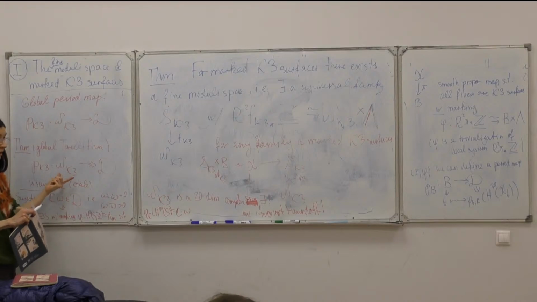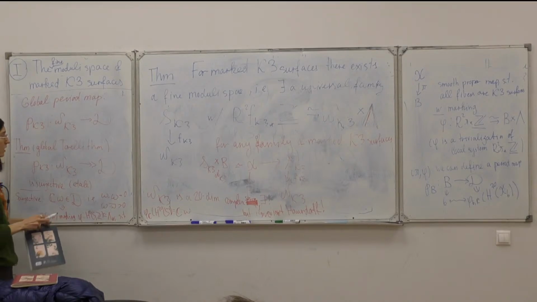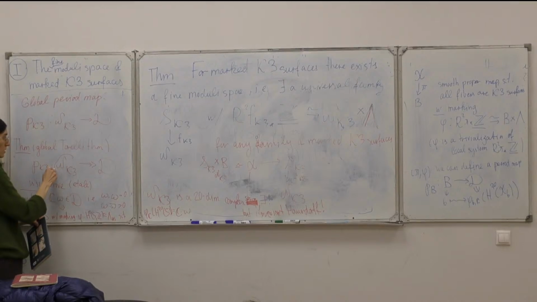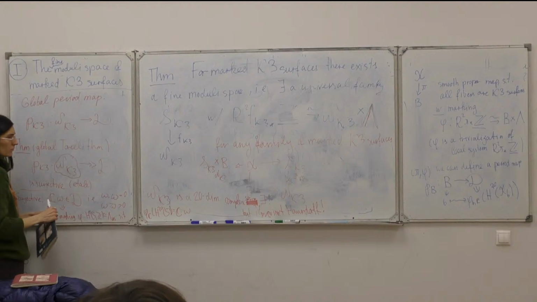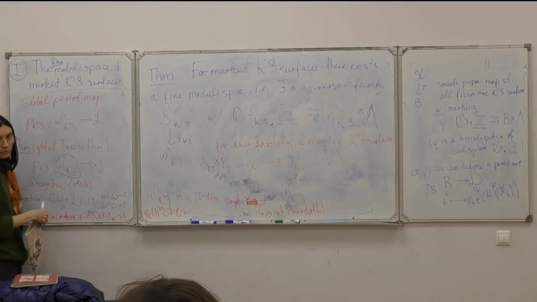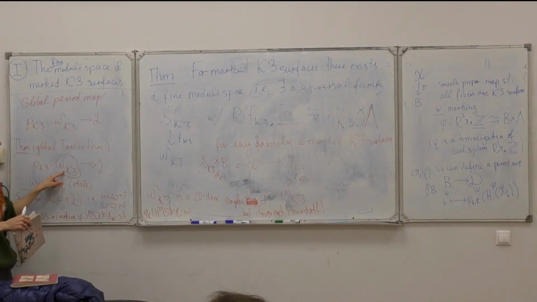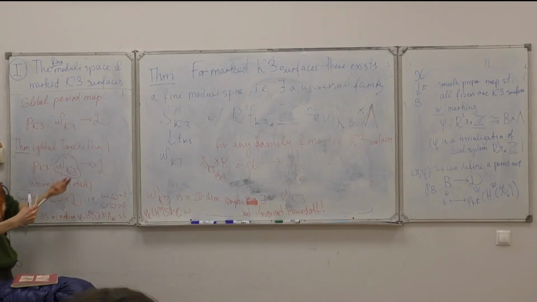In fact, it's not even injective on a connected component of this moduli space. But the statement is that if we throw out a countable union of closed subsets from a connected component of this moduli space, then on this open subset, the global period map will be injective.